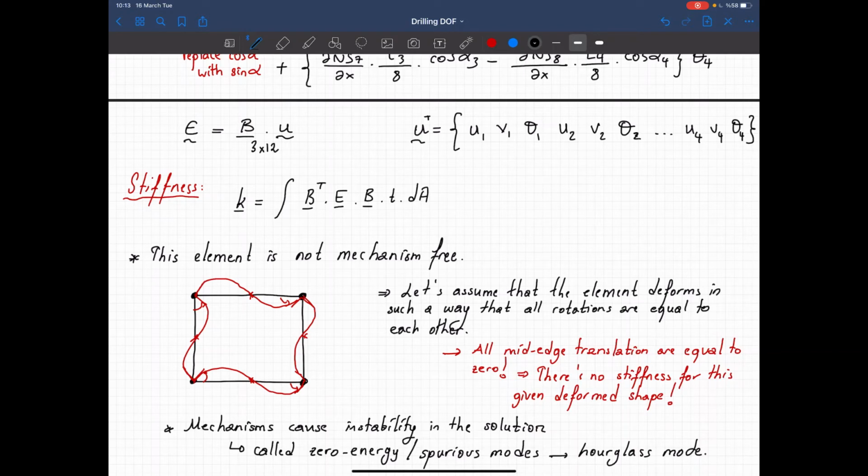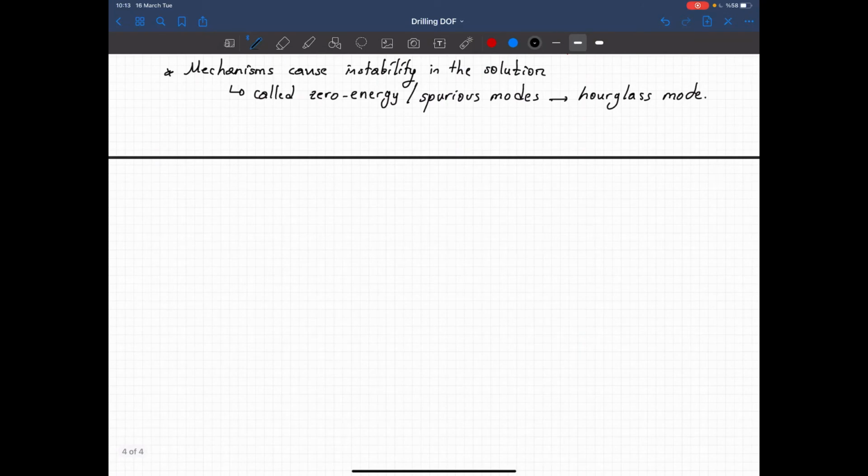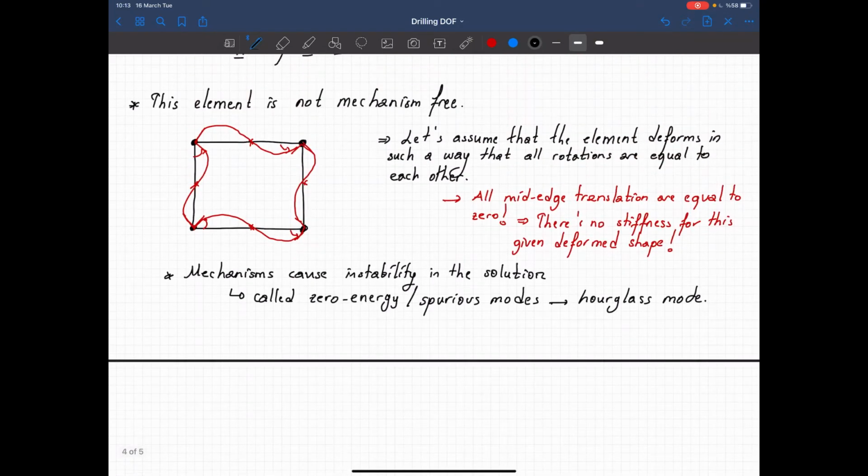Okay, so what to do? I mean, we did a very nice interpolation. It looks like it was working. Now we have a mechanism in the element. So you will see that there are several remedies for that, but I'll just go over the simplest one.